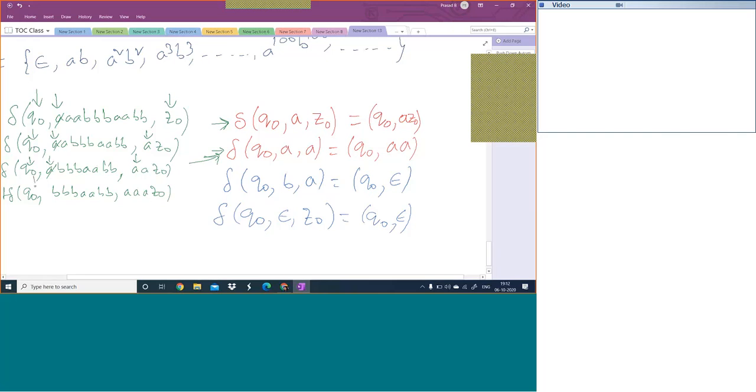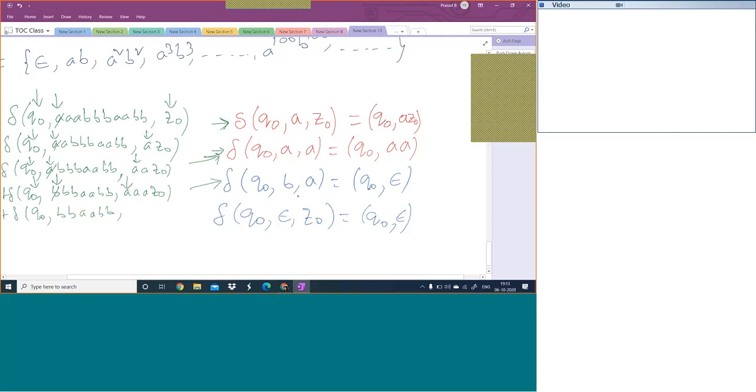Now the state is Q0, the input symbol is B and the top symbol is A. Q0, B, A matches this move. The machine has scanned this B, so the remaining input string is BB, double A, double B. Same state Q0.